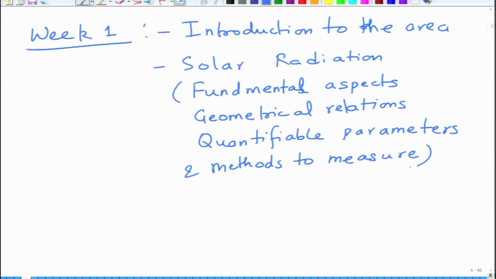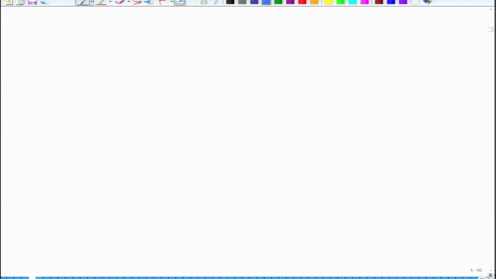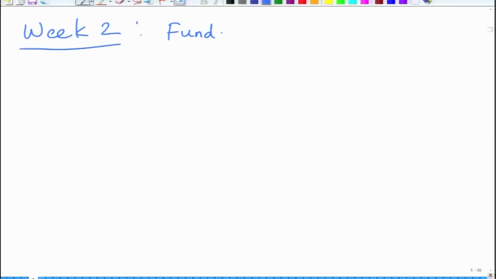So, this we will cover in the first week hopefully, and then in week 2 we plan to undertake, see, most of the solar cell technologies, especially solar photovoltaics, are built around semiconductors. So, it is essential to know the basics of semiconductors. So, we will learn about fundamentals of semiconductors.